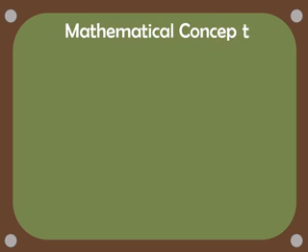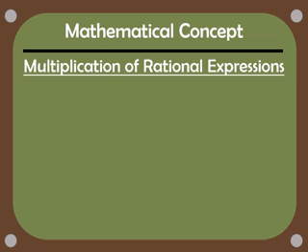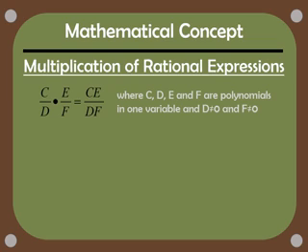But before that, know the mathematical concept of multiplication of rational expressions. So we have C over D multiplied by E over F is equal to CE over DF, where C, D, E, and F are polynomials in one variable, and D and F should not be equal to 0.